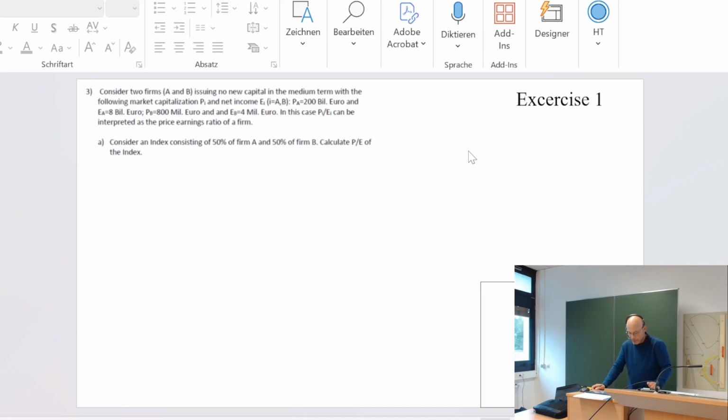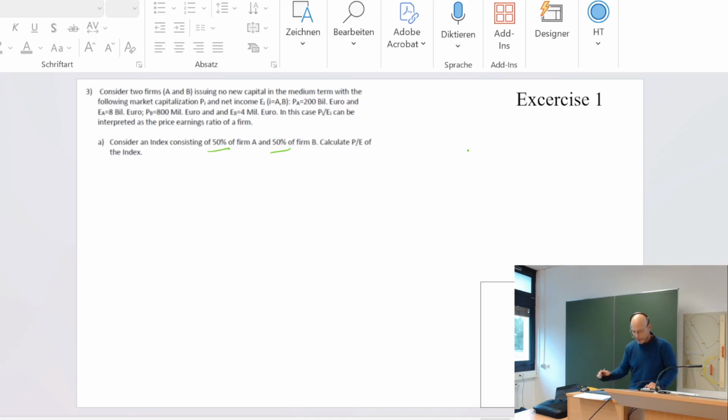And then we would say that we want to calculate an index where the weight of both firms should be the same. So a weight of 50% for firm A and firm B. What would be then the index number?